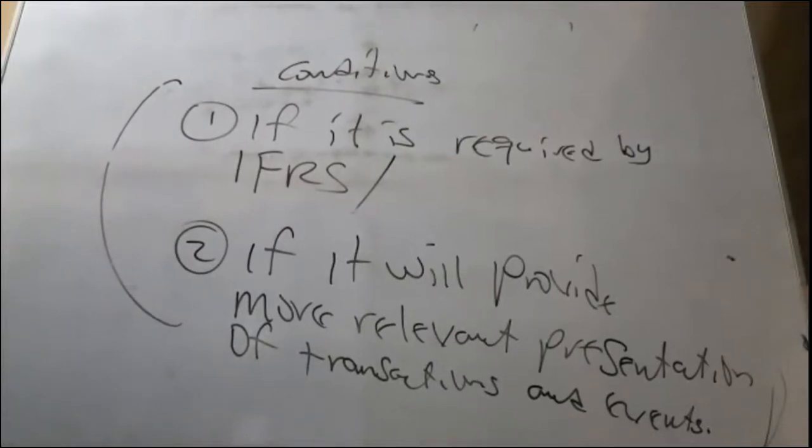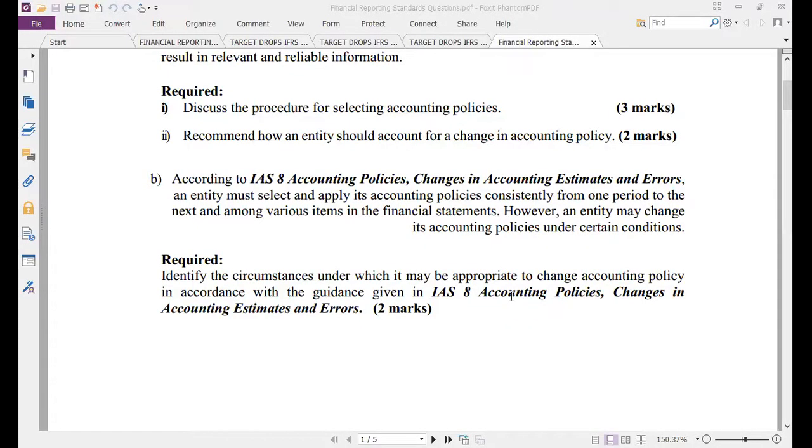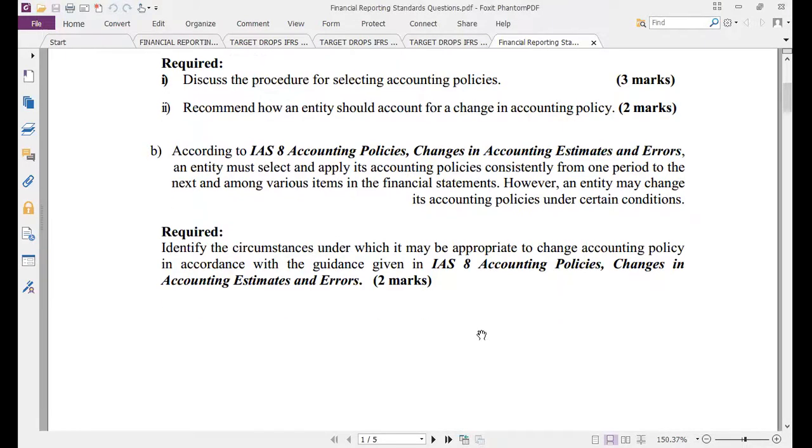I'm done with this particular question. What is left is for us to look at some calculation, complex questions. Then we move on.